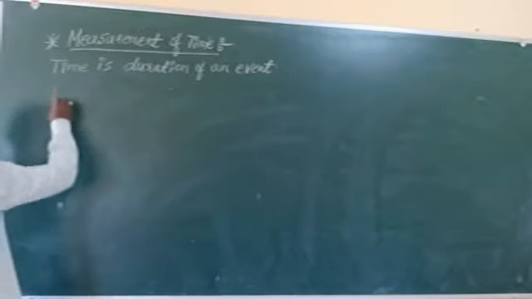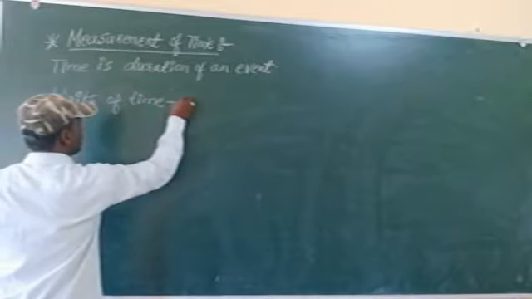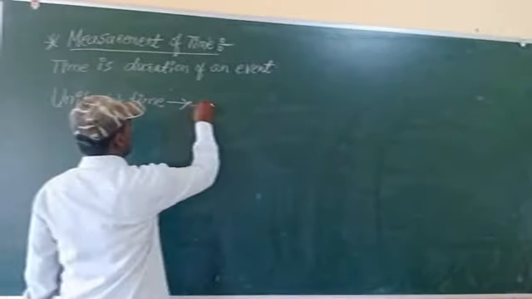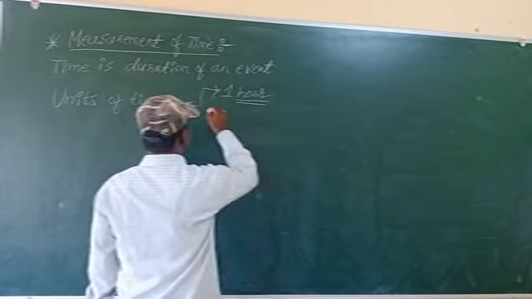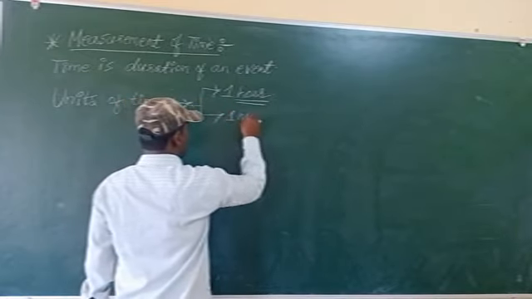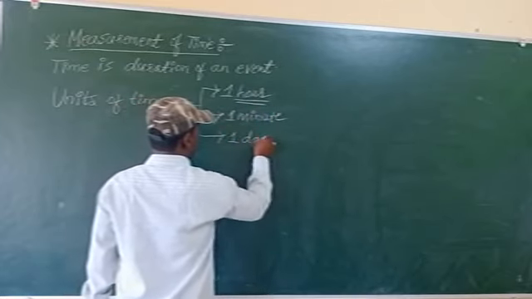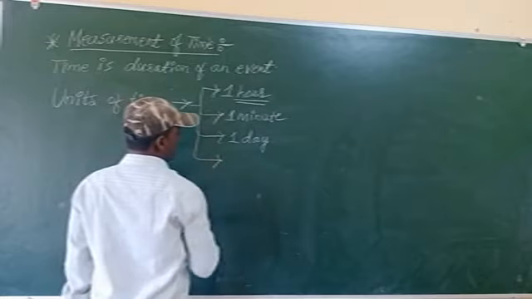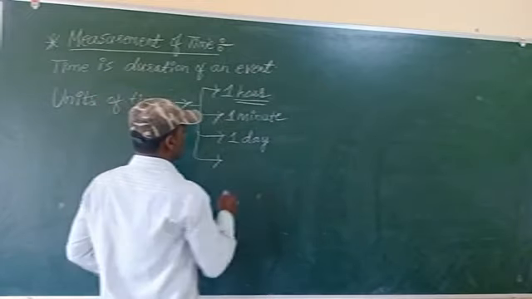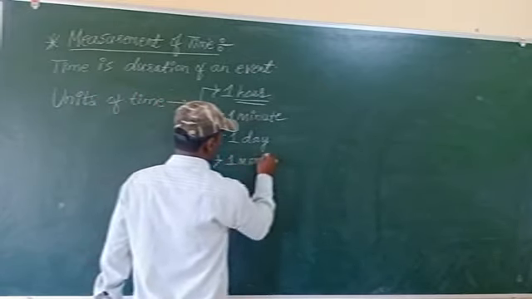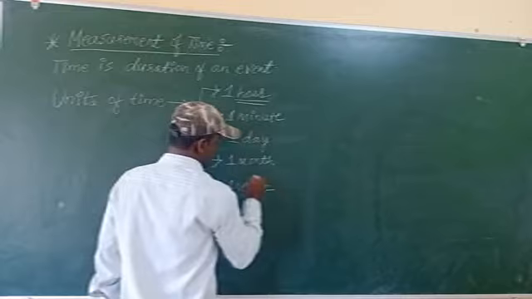So here are the units of time. What are the different units of time? 1 hour is one unit of time. 1 minute. 1 day. 1 month. 1 year.